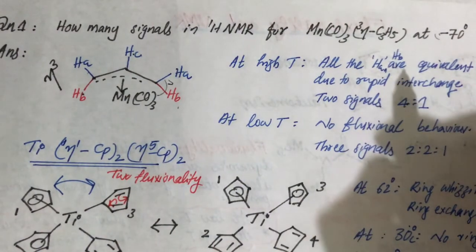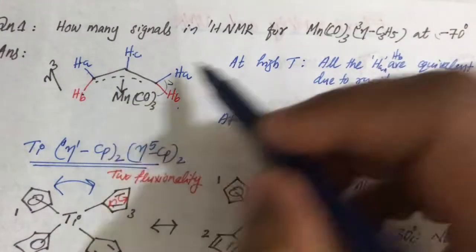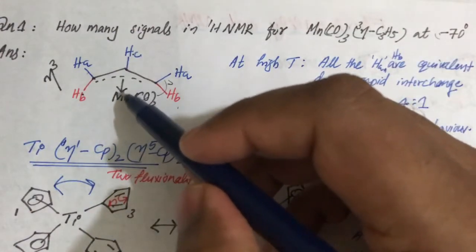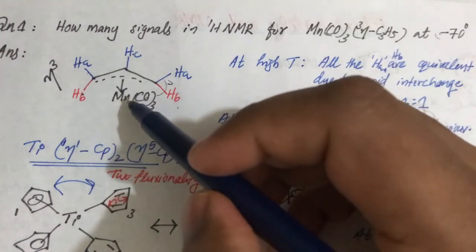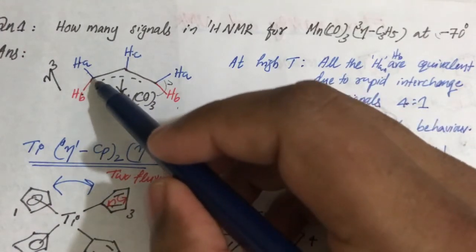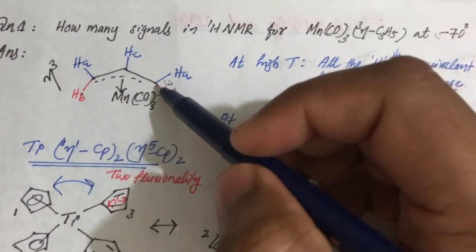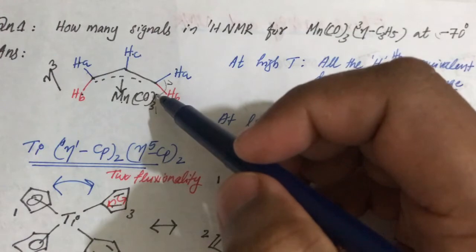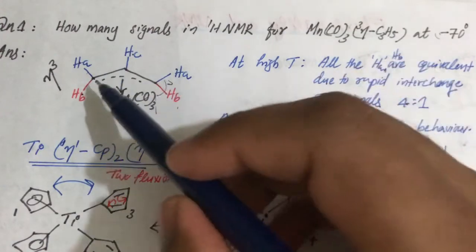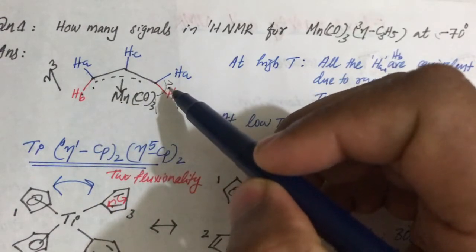At high temperature you can have a rapid exchange of the position of the Mn. Initially you can have Mn here with hapticity 1, then hapticity 3, and then at this end hapticity 1. That means there is a rapid exchange between this terminal and this terminal at a high temperature.